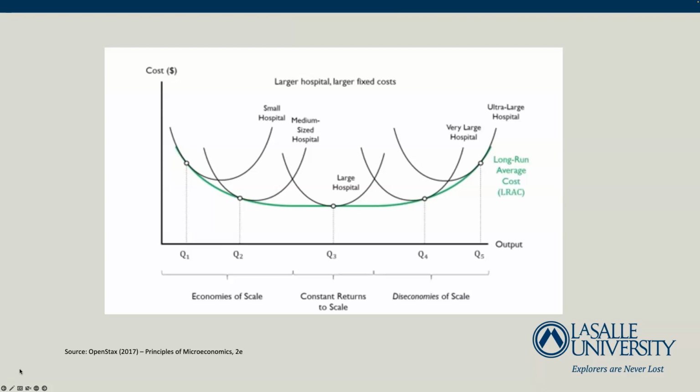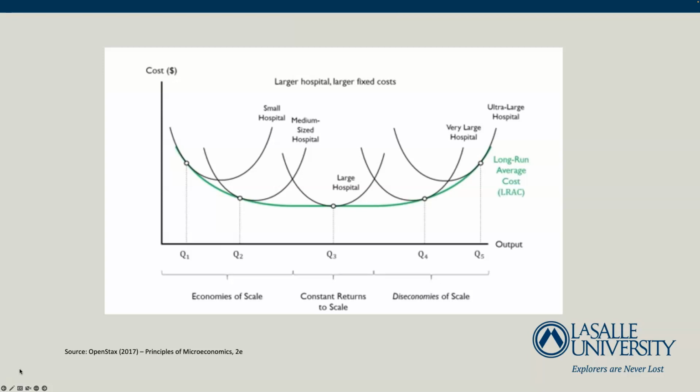For a small hospital, you're going to have smaller fixed costs, but when you divide out the total cost of service provision across the number of patients seen, you might find that the average cost is fairly high, and it may be higher than that of a medium-sized hospital or even a large hospital.